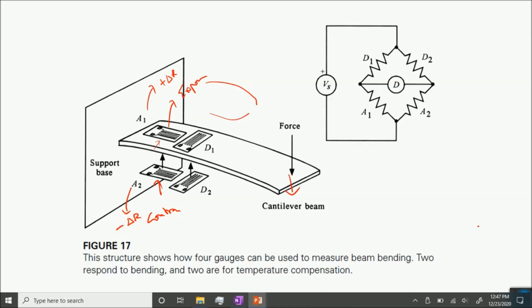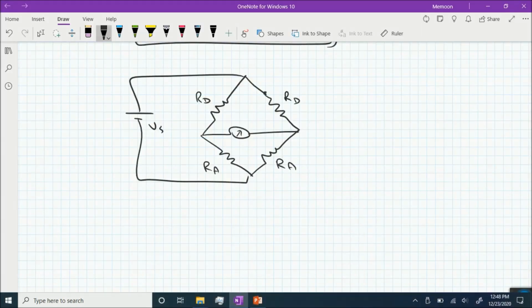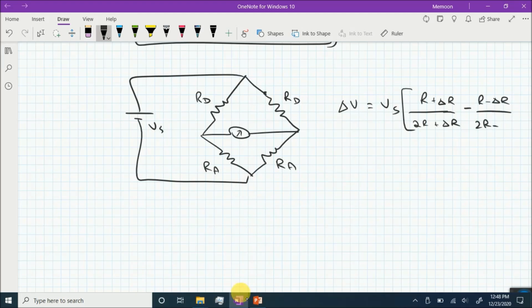So now let's come to the derivation of the relationship of voltage with the strain. So here the expression of del V will be equal to Vs into (R plus delta R over 2R plus delta R) minus (R minus delta R over 2R minus delta R).